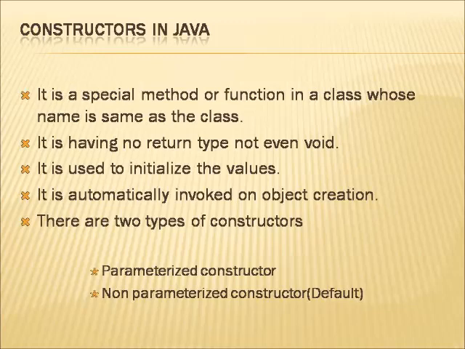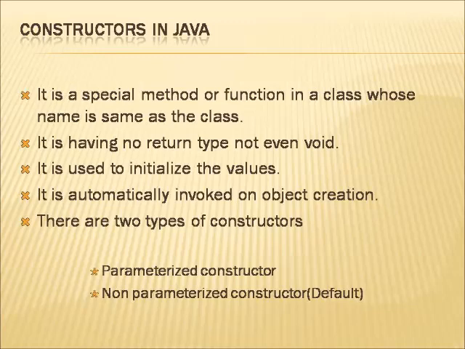It is used to initialize the values, and it is automatically invoked on object creation. And there are two types of constructors: parameterized constructor and non-parameterized constructor. The non-parameterized constructor is also known as the default constructor.